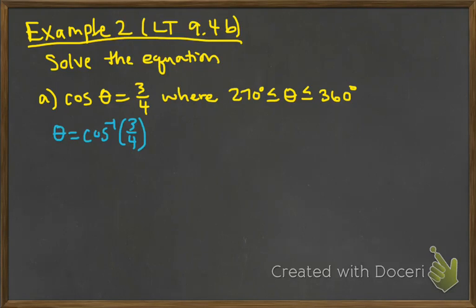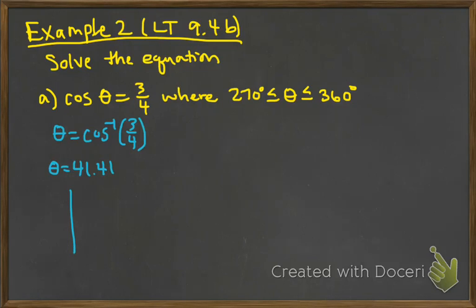Once it's set in degrees, type in the inverse cosine of 3/4, and you should get an answer of 41.41. But that can't be my final answer because it is not between 270 and 360.